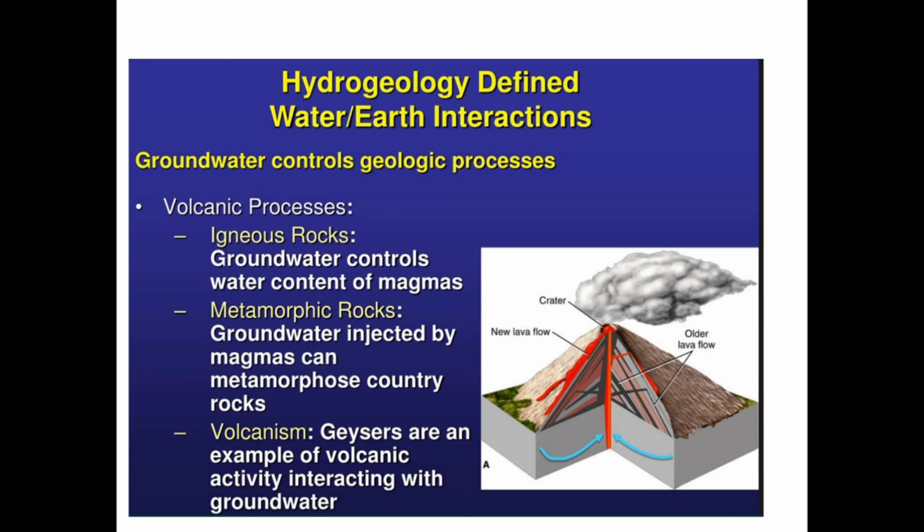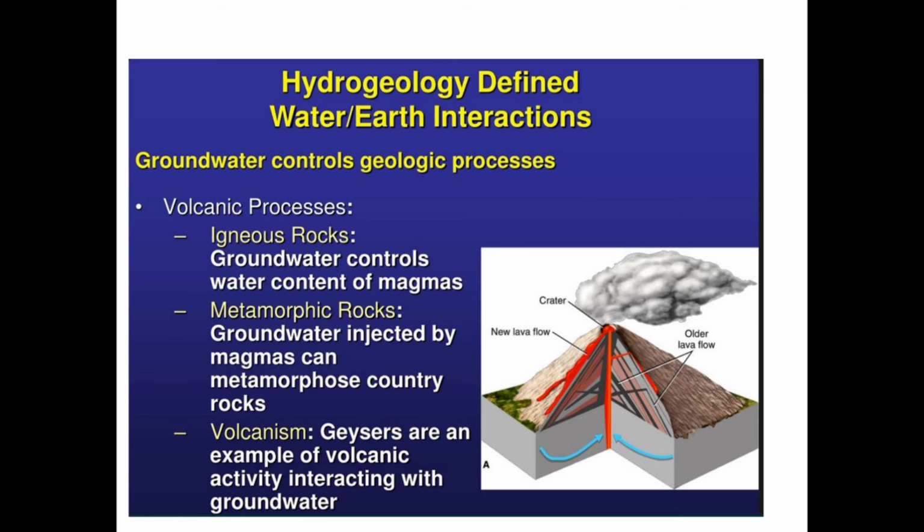So in volcanic process, this is responsible for the geologic process of rocks. We know normally we have three different types of rocks: mainly igneous rocks, sedimentary rocks, and metamorphic rocks. So sedimentary rocks are formed on the coastal regions.